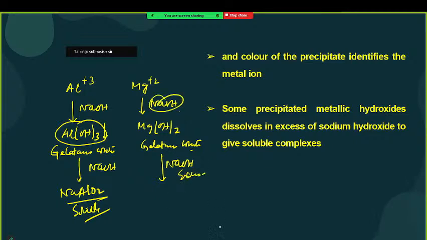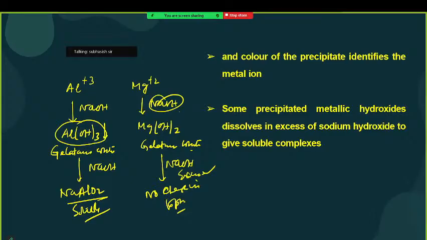Previously we added some amount of sodium hydroxide, now we add excess amount. The magnesium hydroxide is unreactive towards sodium hydroxide. So with this type of experiment using excess sodium hydroxide, you can differentiate between aluminium ion and magnesium ion.